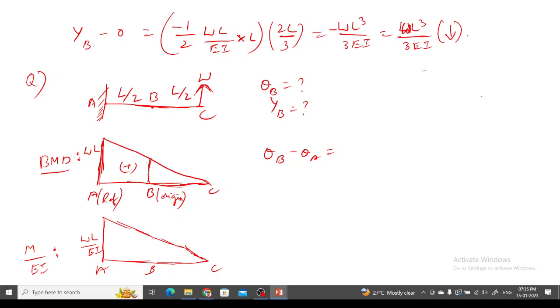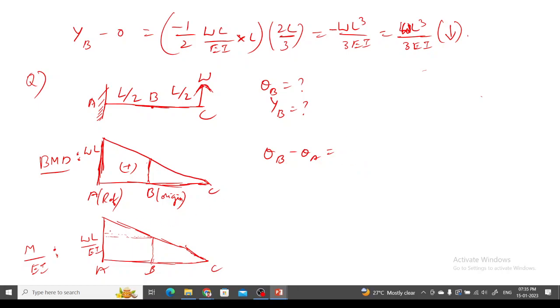And here I have to find out the slope and deflection. So how can I find out this area? Can anyone say what is the value of this area? 3 by 8 W. Yes, correct. Since 1 by EI is constant, I will put A1 plus A2.